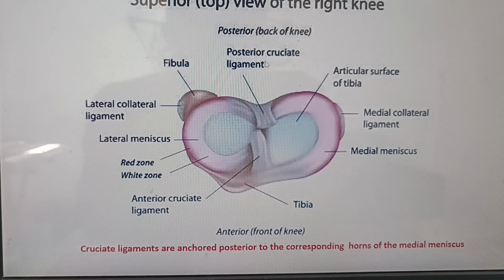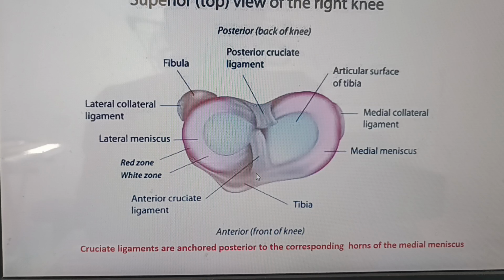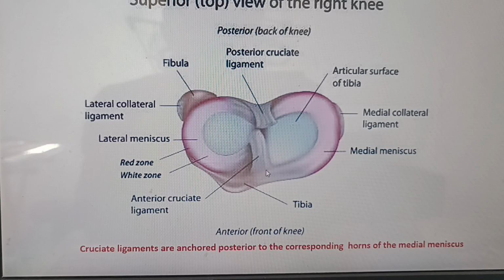Now, as we know, there are two cruciate ligaments, an anterior cruciate ligament and a posterior cruciate ligament. By default, both the cruciate ligaments are arranged posterior to the horns of the medial meniscus.